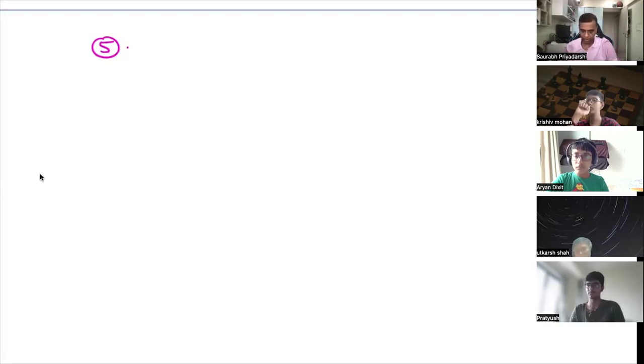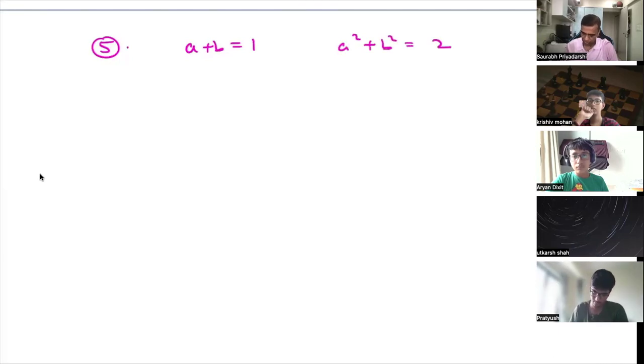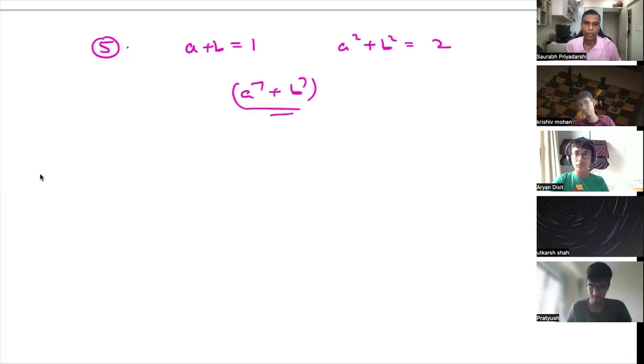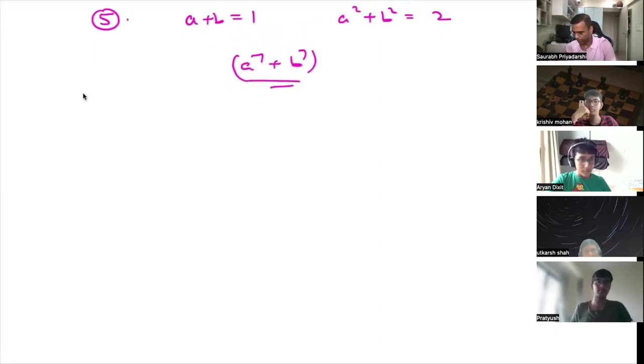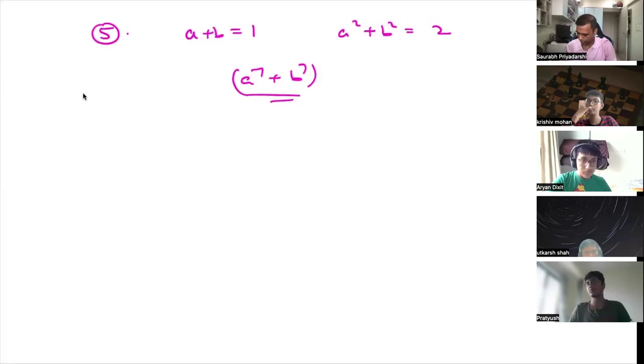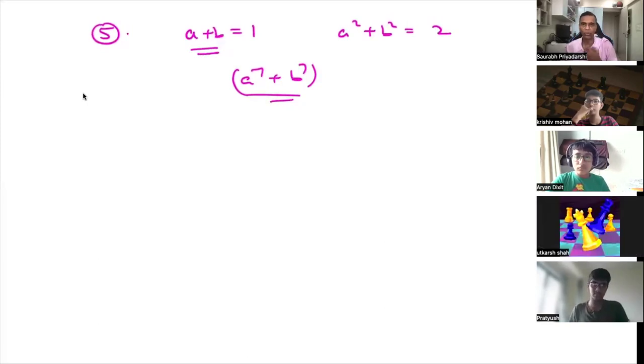Again, this is one of the patterns: a plus b is equal to 1, a square plus b square is equal to 2, find a to the power 7 plus b to the power 7. Obviously one of the simplest, but the sum is given. You can also find the product of the numbers, and you have lot many methods, all very good.